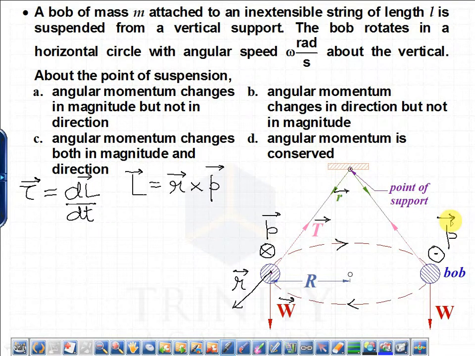So we can say that magnitude wise momentum is not changing, linear momentum is not changing, but direction wise it is changing. Similarly, the position vector is also changing, again not in the sense of magnitude but in the sense of direction. Since vectors are changing in their direction, we can say the direction of angular momentum is not going to remain constant.